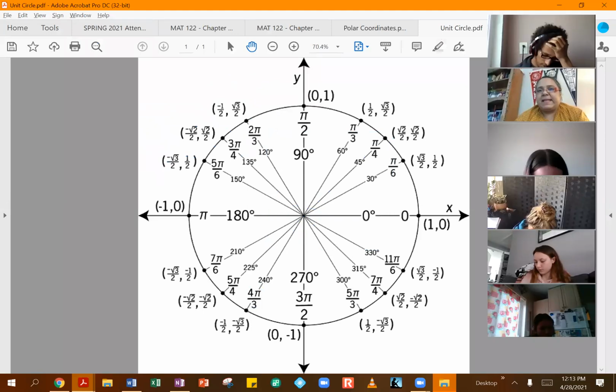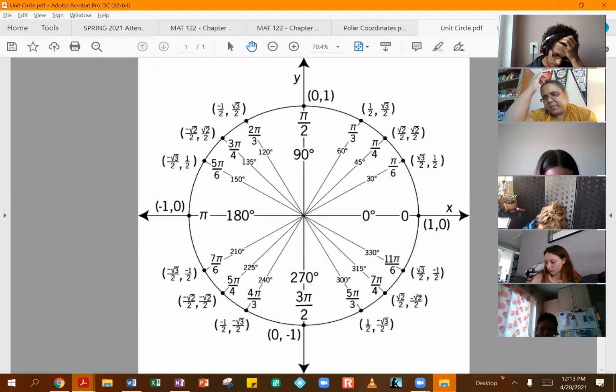Because if tangent is negative, then either sine or cosine has to be negative. Both of them cannot be negative and both of them cannot be positive.